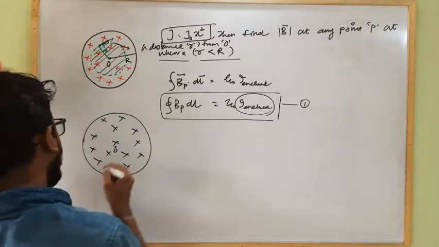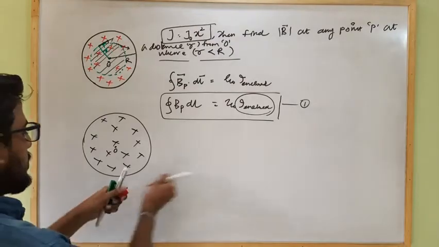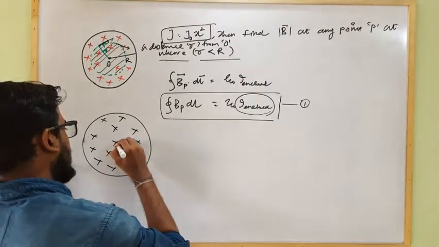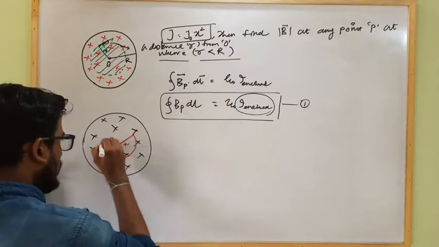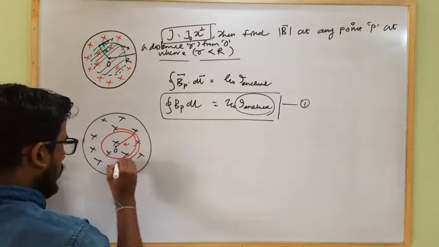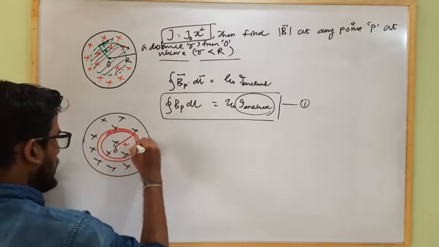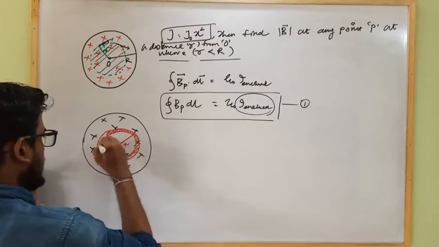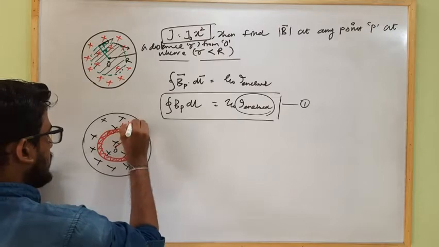As the current density varies with respect to x, let us consider at any distance x a small circular strip of thickness dx. This is a small circular strip at a distance x, and the thickness is dx.